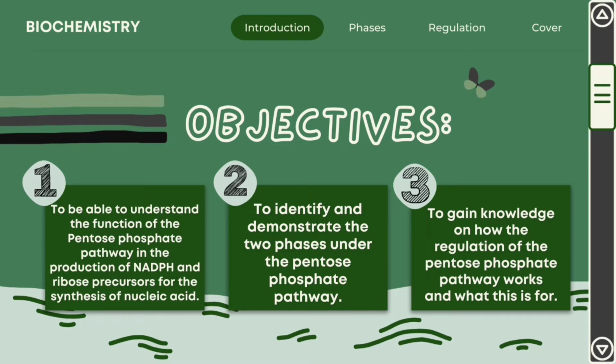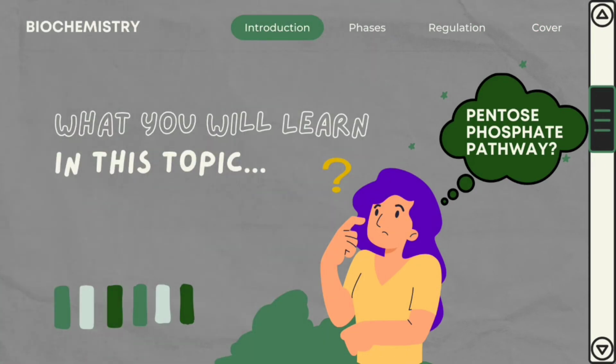And number 3, to gain knowledge on how the regulation of the pentose phosphate pathway works and what it is for. Next, the question here is, what is the pentose phosphate pathway? Or what you will learn in this topic later on.